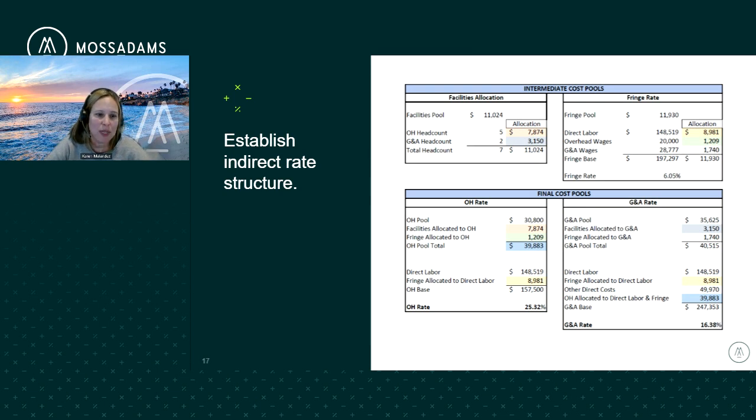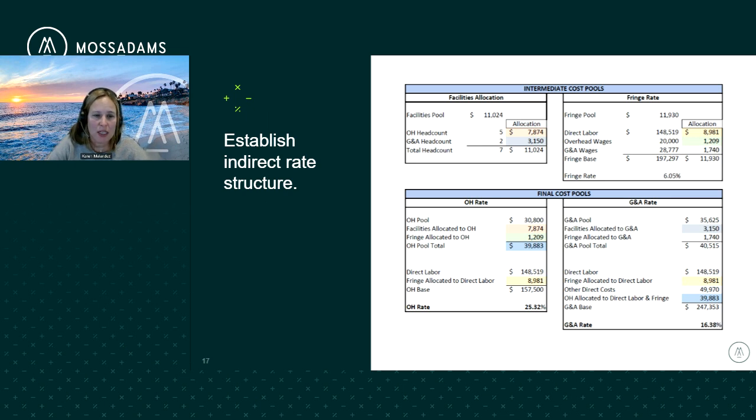So the next step would be to establish the indirect rate structure. Here's an illustration of a company that has 4 indirect cost pools. You can see intermediate cost pools at the top and the final cost pools at the bottom.